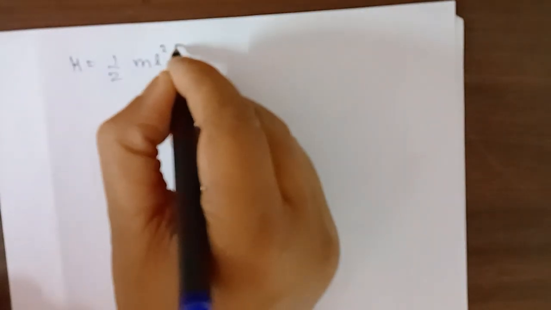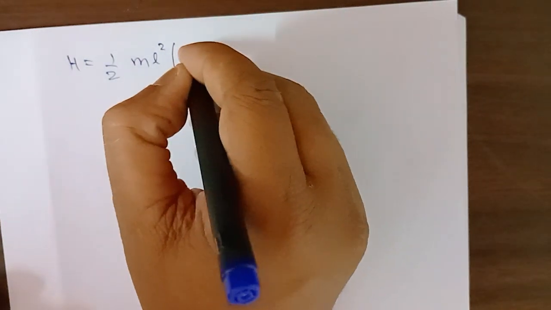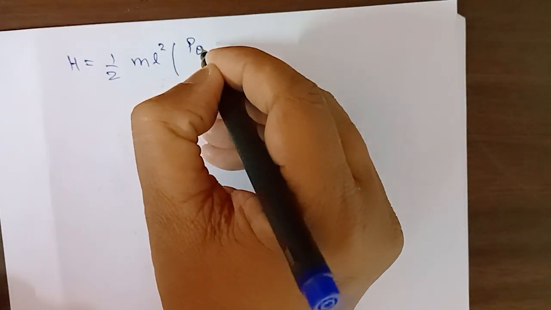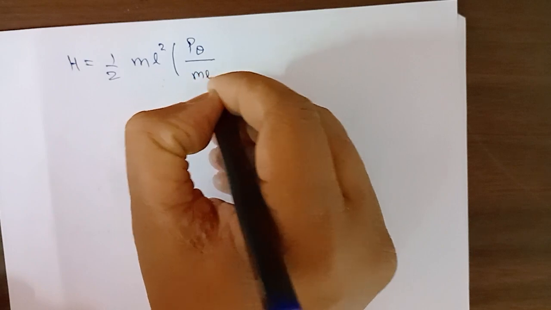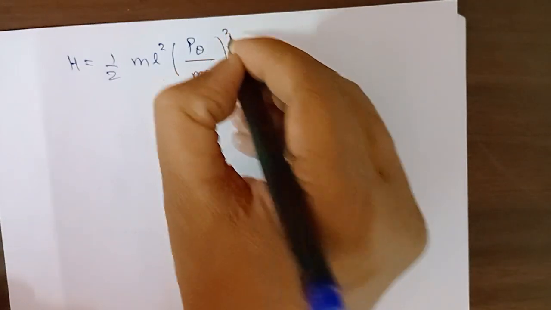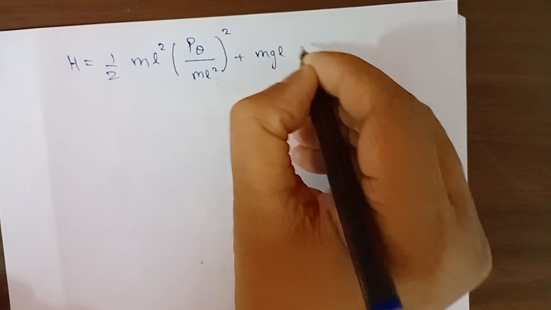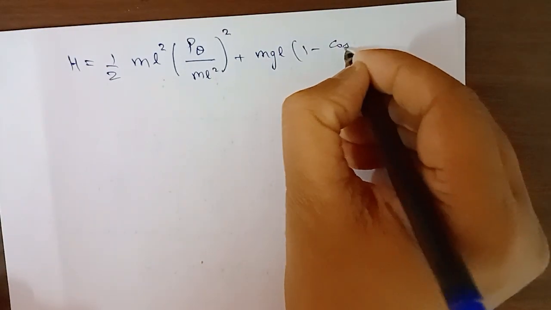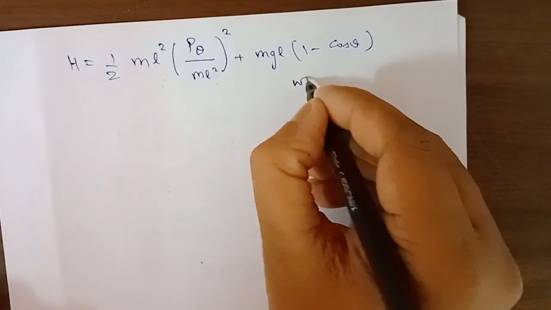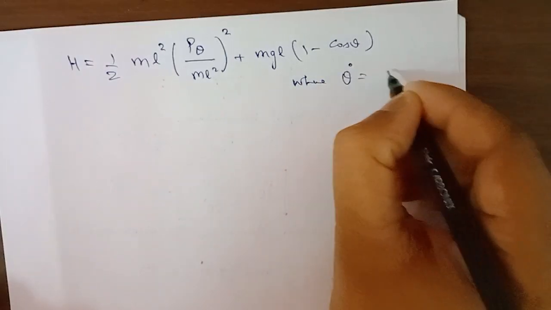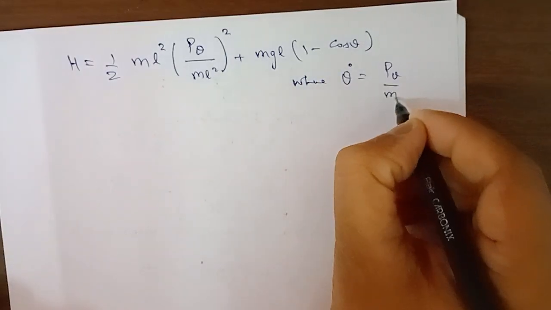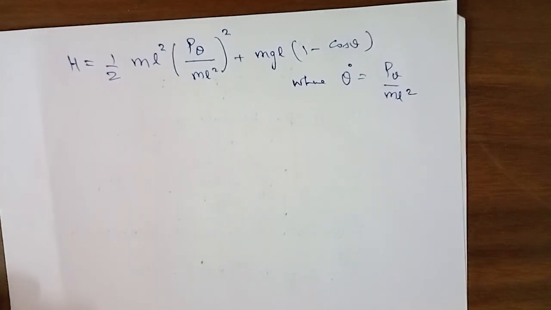So H now becomes H is equal to half ml square, and for theta dot you substitute P theta divided by ml square, the whole square, plus mgl into 1 minus cos theta, where theta dot is equal to P theta divided by ml square.